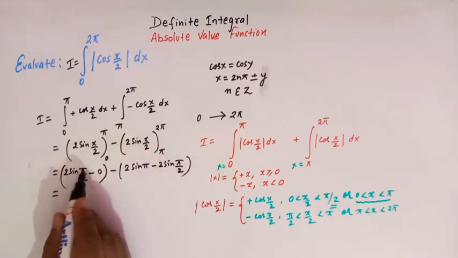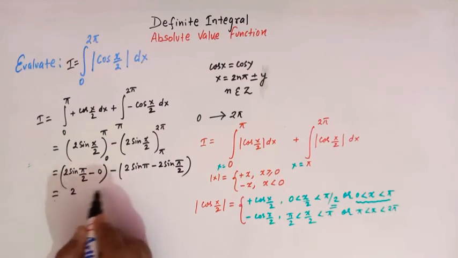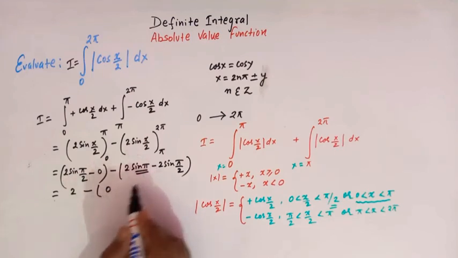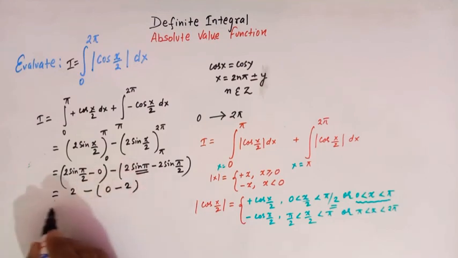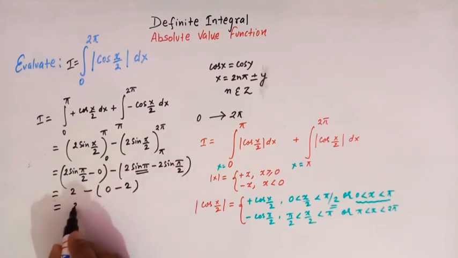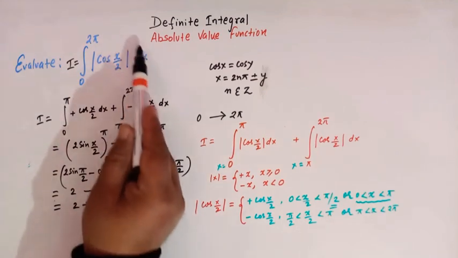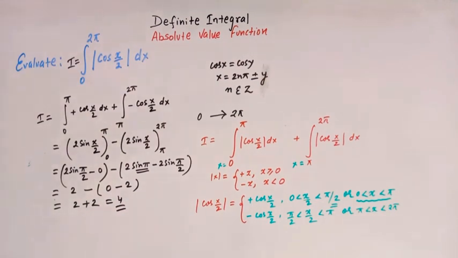And this sine pi by 2 is 1, so we have 2 times 1 is 2, and here 0, and here we have 0 because sine pi is 0 and sine pi by 2 is 1, so here we have simply 2 times 1, that is 2, and this is 2 plus 2, that is 4, right? So the value of this integral is equal to 4, right?